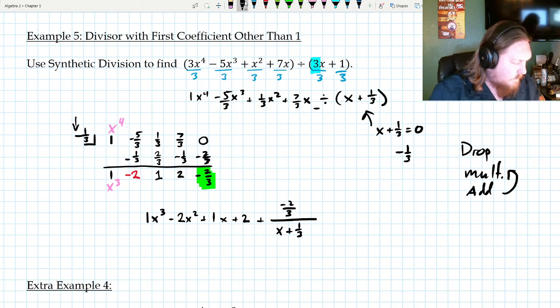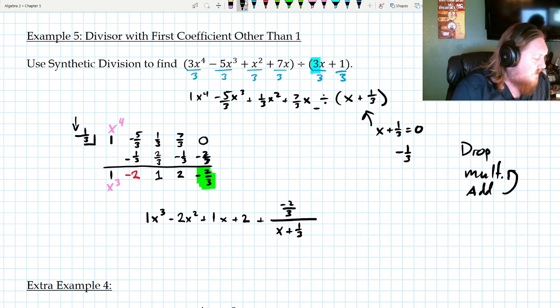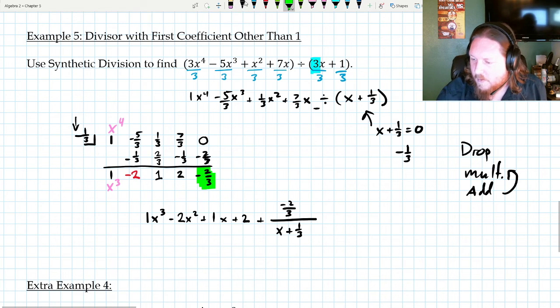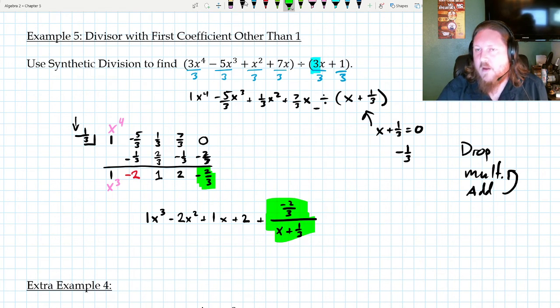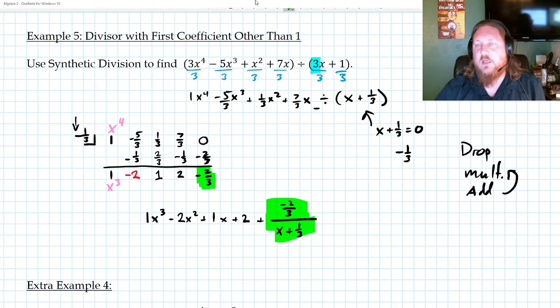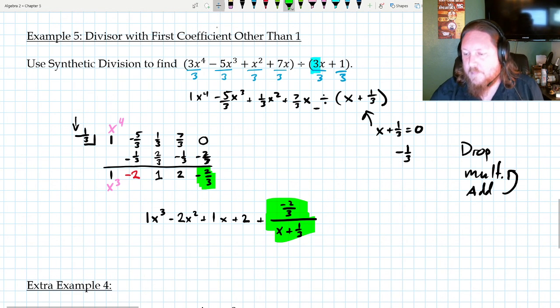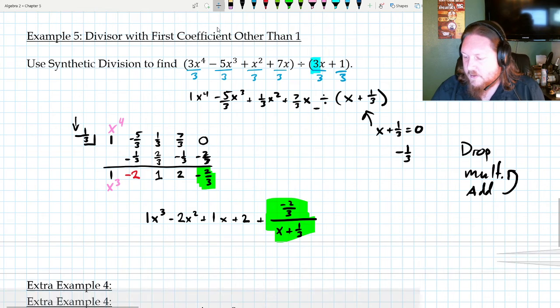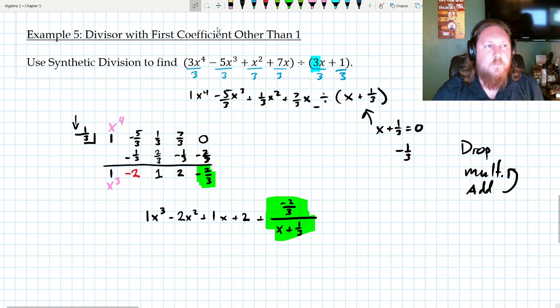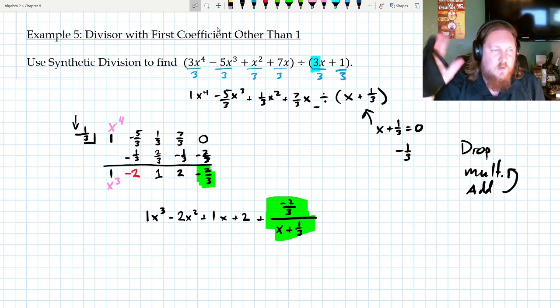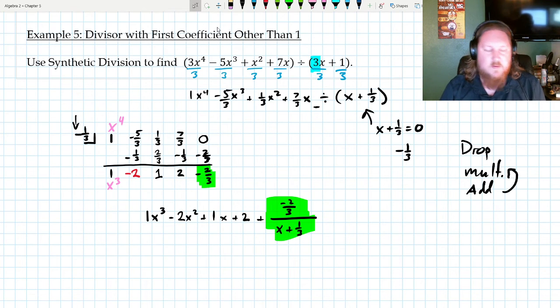Now, what's kind of interesting on this next part here is how to deal with the remainder part of it. This is also kind of tricky. You can see the level of complexity goes up quite a bit for finding something with a non-1 coefficient in the divisor.